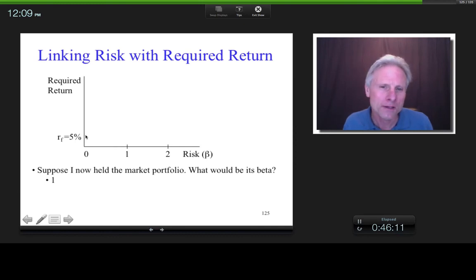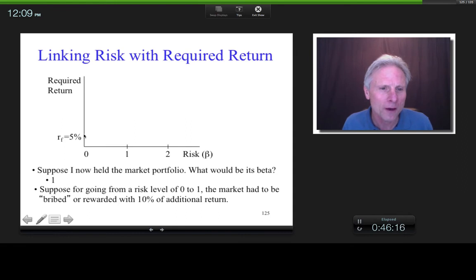So is it true that when I go from a risk level of 0 all the way to 1, that investors would need to be bribed, if you will, with higher required returns for taking on that additional risk? They would, right? And imagine that they have to be bribed or rewarded with 10% additional return, which, by the way, is called the market risk premium.